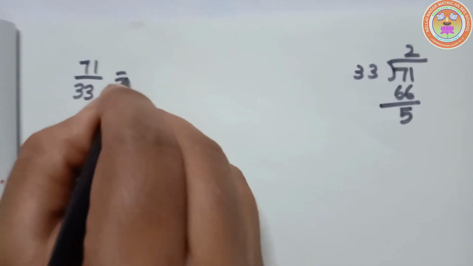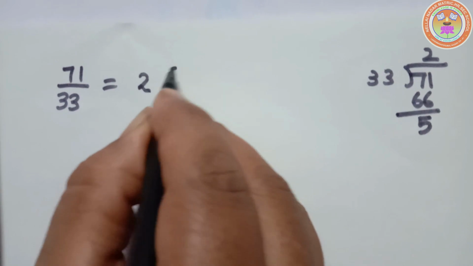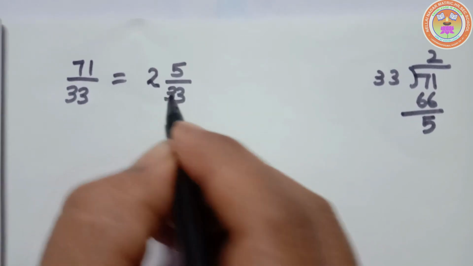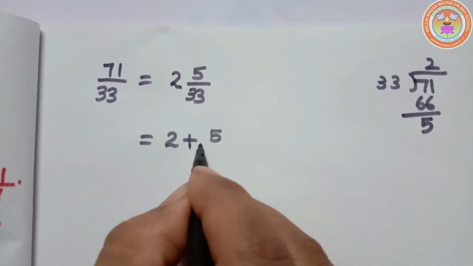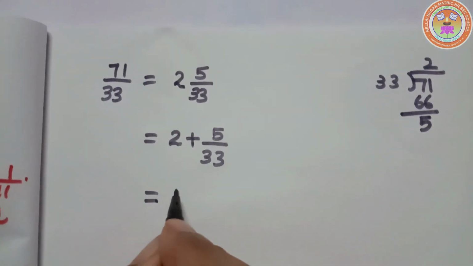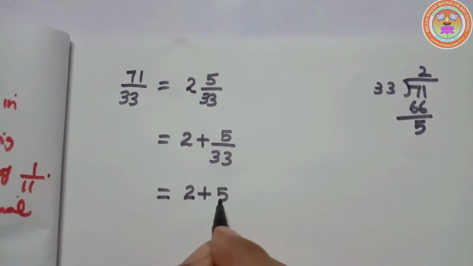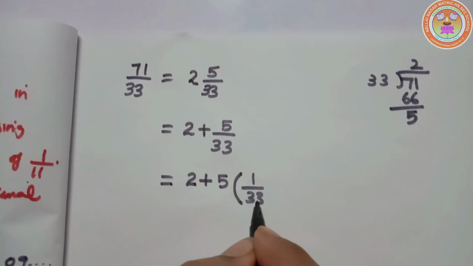Now how can you write this? As a mixed fraction, 2 and 5 by 33. This can be written as 2 plus 5 by 33, which is 2 plus 5 into 1 by 33.